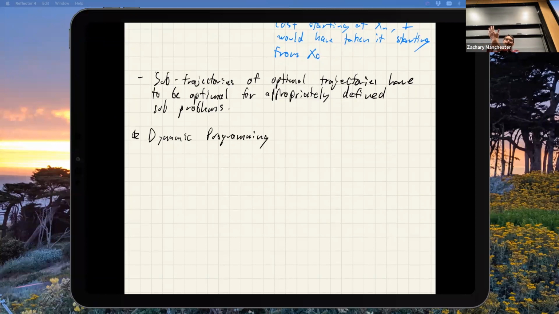So if I start at xn and look only one time step away, I can solve a little one time step problem and get the optimal solution. Then I can go back another time step and do this backward recursion and take advantage of this optimal sub-trajectory property, working backwards from the end, right? So we're going to do that.